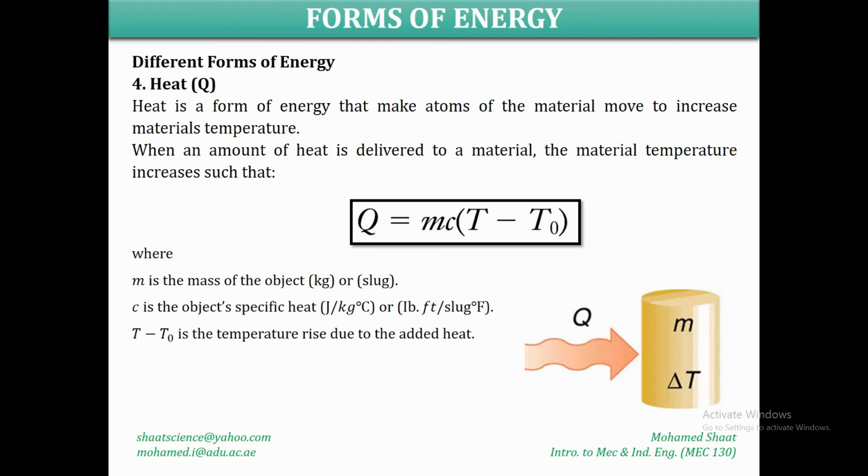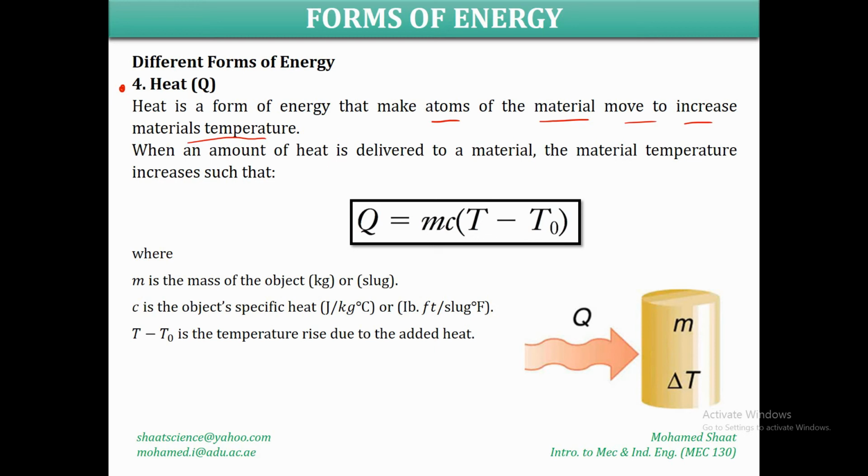In today's video, we are going to discuss another form of energy, which is heat. Heat is a form of energy that makes the atoms of a material move, increasing the material's temperature. If you have a heat source, or an amount of heat directed to a certain material, this material will be heated up.